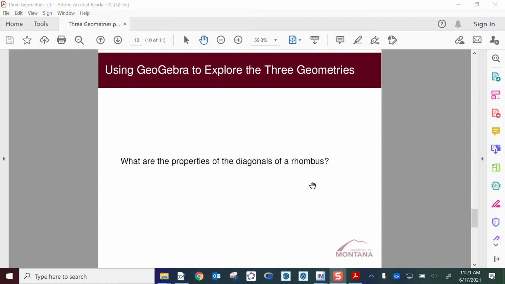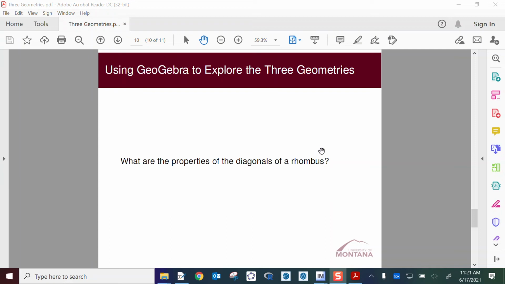So we need a problem to explore, and the problem I'd like to explore is a little more in-depth exploration on the properties of the diagonals of a rhombus. So let's take a look and see how dynamic geometry software can help us.